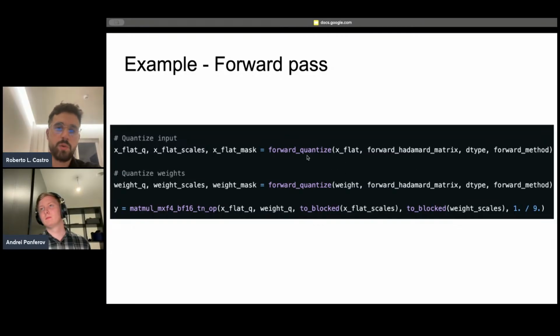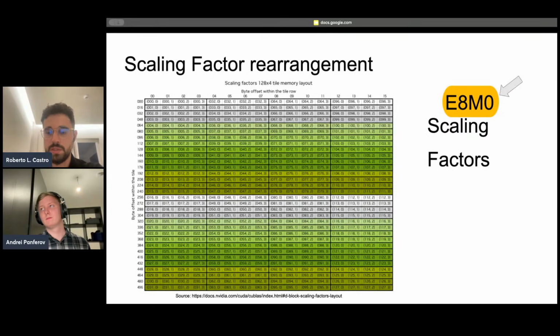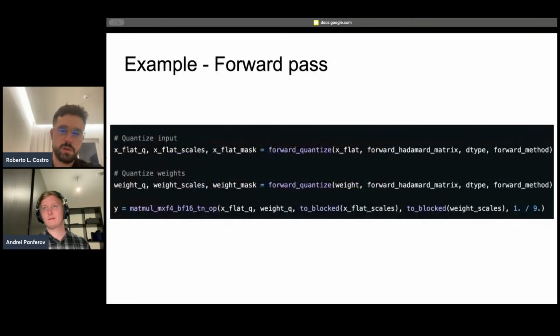So this forward quantized method applies the Hadamard and then computes these three outputs that are the FP4 values, the FP8 scales, and the binary mask. Then with these scales, we call this two-blocked function, which is going to rearrange the information to this specific format required by these new Blackwell tensor cores. And then we are ready to call this CUTLASS FP4, MXFP4 gem, right?